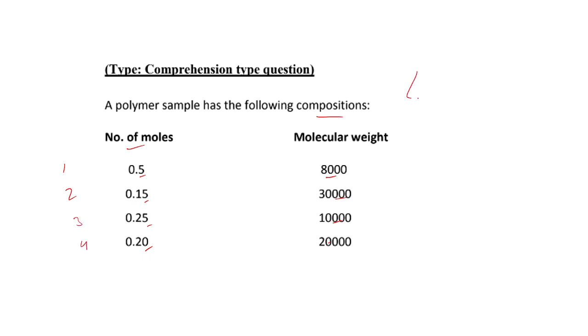If I have one mixture of polymer which has a first type of chain, its moles are 0.5 and its molecular weight is 8,000. Similarly, the second type of polymer chain has 0.15 moles and 30,000, and similarly the third and fourth types have these moles and these molecular weights.